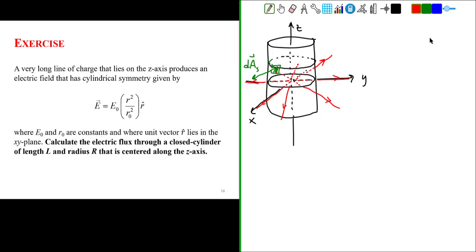Okay. So having cylindrical symmetry, I know that the electric field is going to be parallel to the area vector at the point of our representative polar rectangle. So I'll label that electric field vector right here.